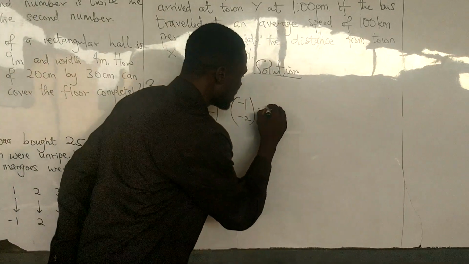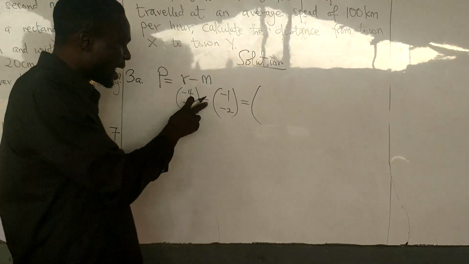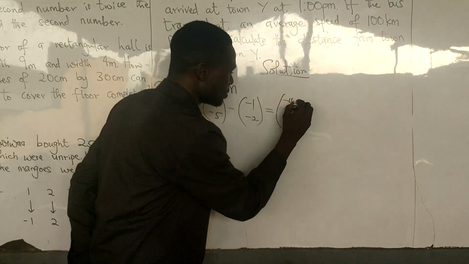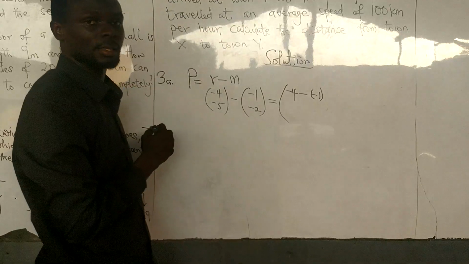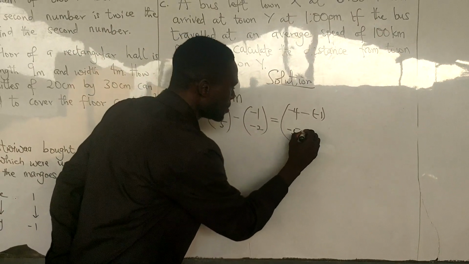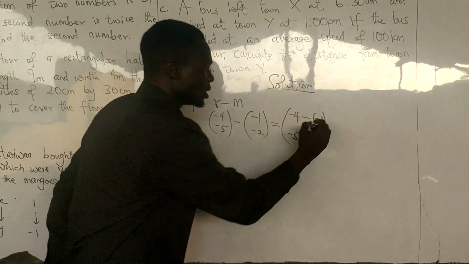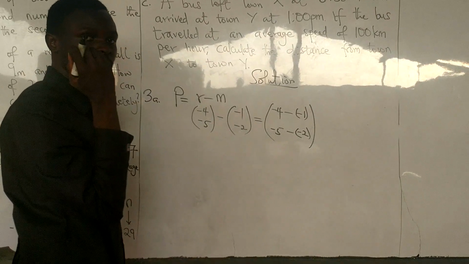With this, I have an expression: negative 4 minus negative 1, let's put this in a bracket. And for the second one, negative 5 minus negative 2, also in a bracket. Then we enclose this to get the vector.